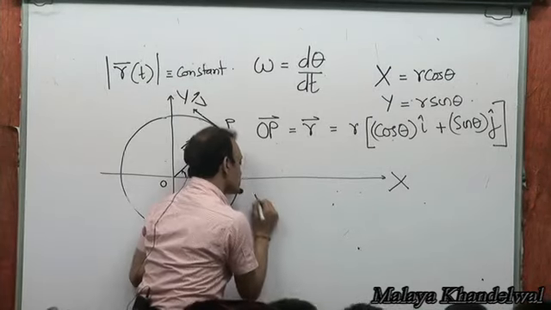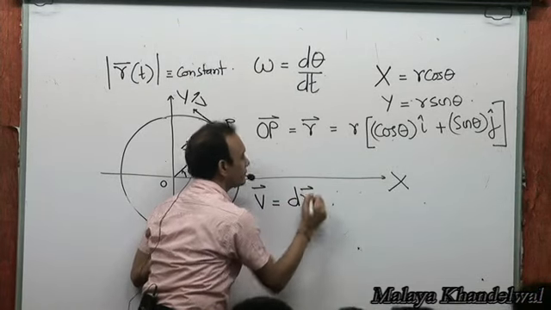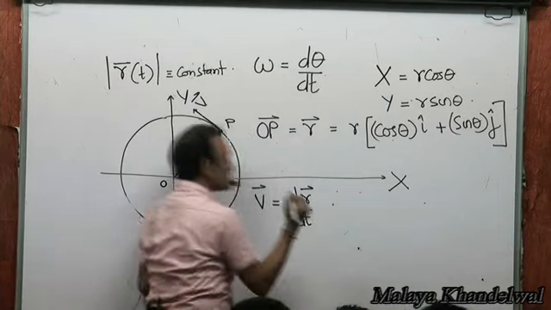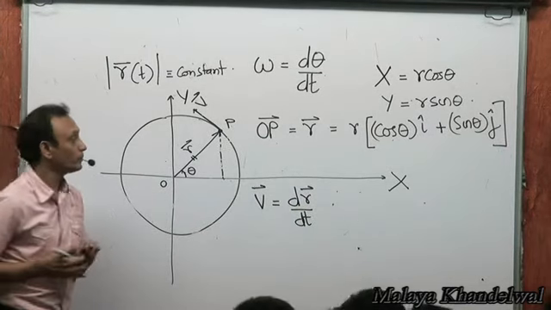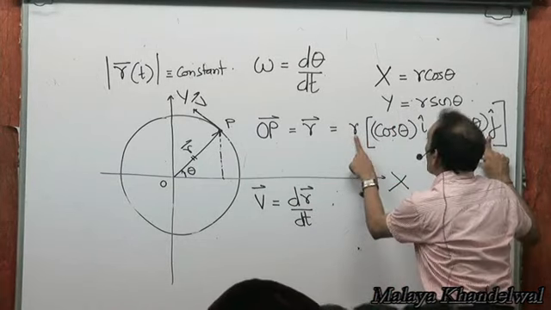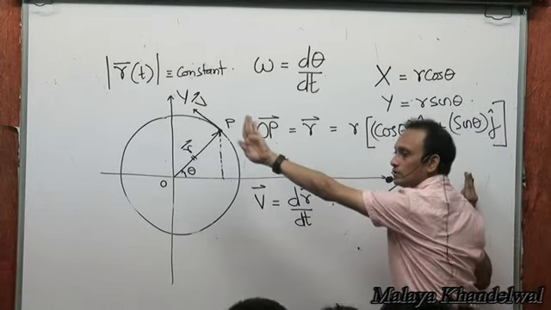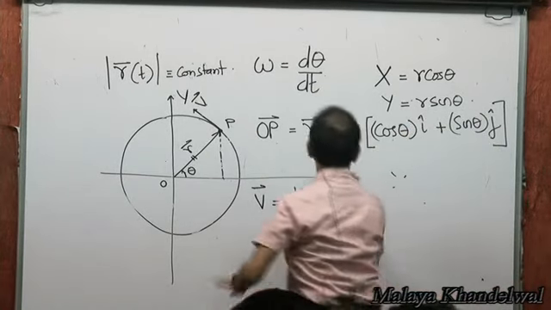Now, what is linear velocity? Linear velocity is very clearly dr dt. Linear velocity is dr dt, yes or no? That means differentiating this with respect to time. Now R is a constant. So when I differentiate this with respect to time, this R will wriggle out, right?